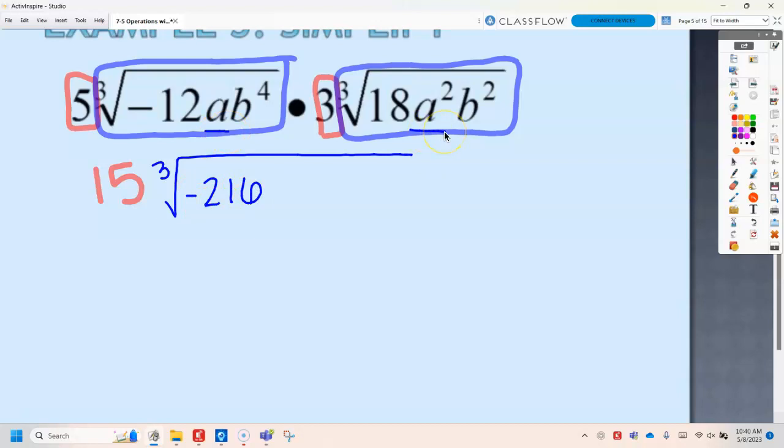A times a squared. So when you have multiple things being multiplied, you add the exponents. So 1 plus 2 is 3. And then b to the 4th times b squared. So you get b to the 6.